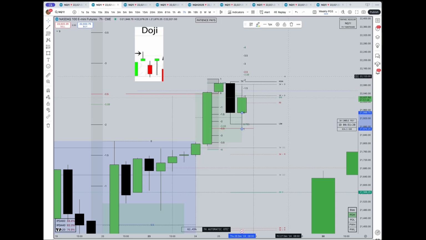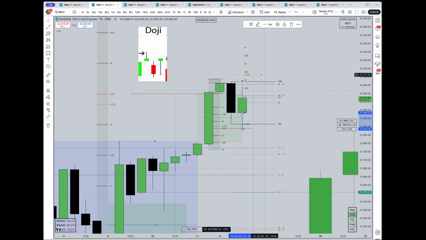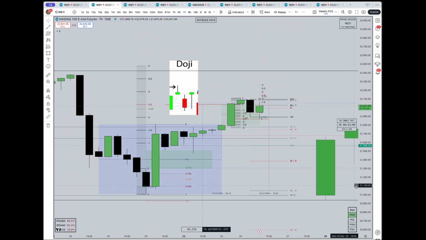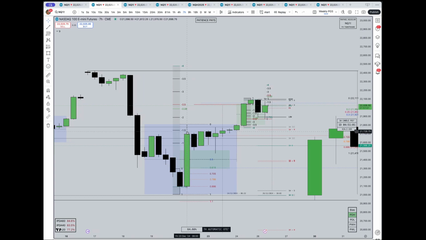And we have a projection that price may go to 2 or 2.33 standard deviation, that matches 22,129, something like this. Maybe we don't get there. I don't know. I mean, we have the PM session, but if I were to target some price, it would be around here. And to see how this works, let me just take this off.